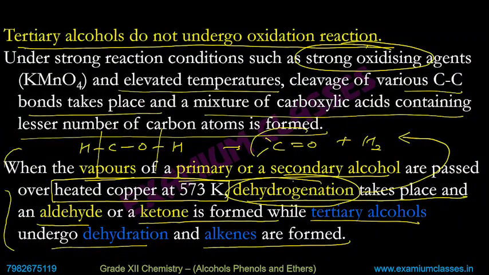So this is either aldehyde or ketone and hydrogen removed, dehydrogenation. So this happens with heated copper also. You have to use the vapors of primary and secondary alcohols at 573 K. With same conditions, if it is tertiary alcohol, then dehydration will take place. Water molecule will go away and alkene will be formed.